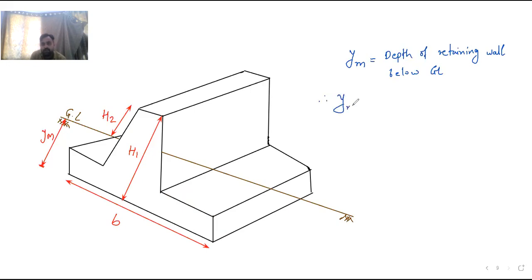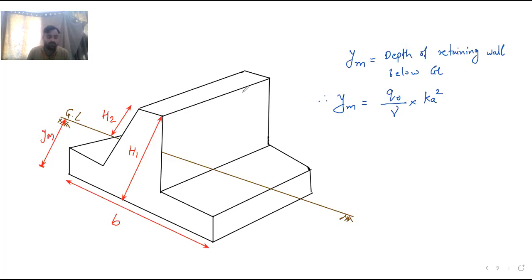Therefore, this Ym is calculated as Q0 by gamma into Ka square, where Q0 is the safe bearing pressure of the soil, gamma is the density, and Ka is the coefficient of active earth pressure.